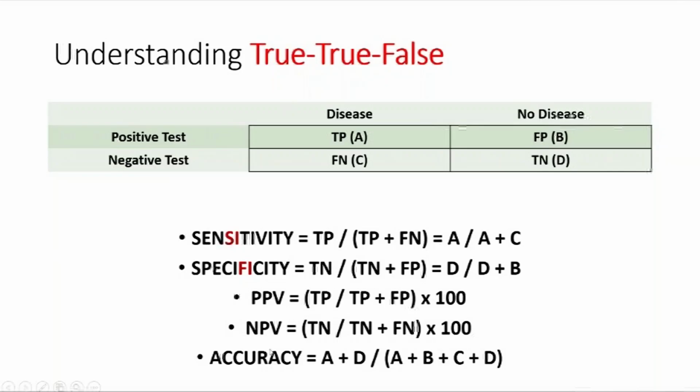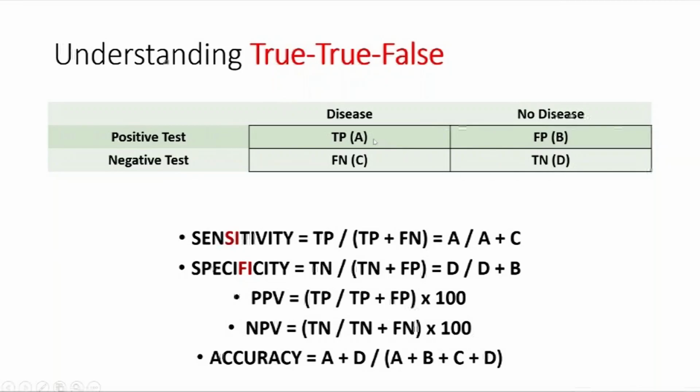Accuracy is more or less of what the test got right, divided by everything. Now, the screening test and the disease, true positive. So the test got this right. These are the numbers that the test got right. The negative test, this is true negative. This is what it's getting right.